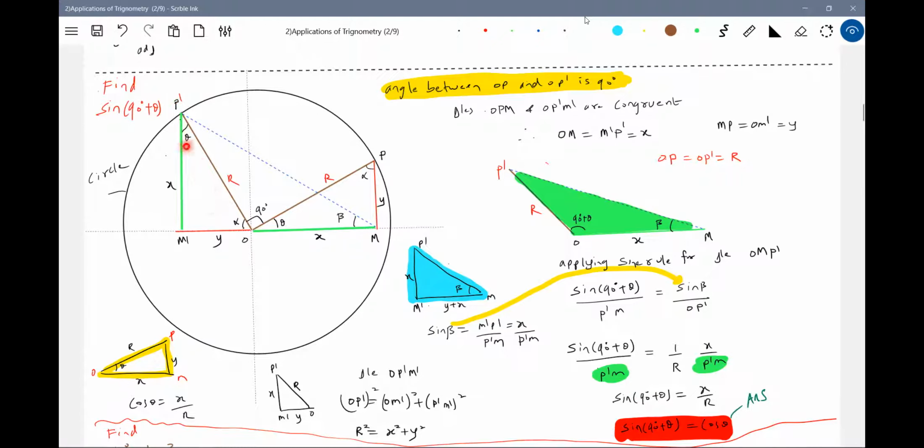I'll come to this triangle, O M dash P dash. But we wanted sine of 90 plus theta equal to X by R, no? So here we'll define this as theta.